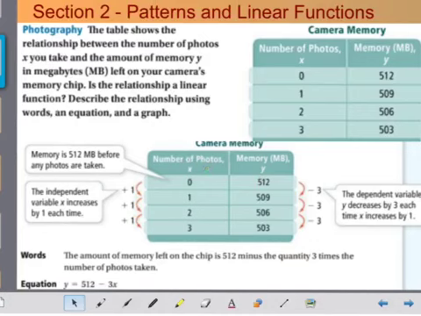So you're subtracting 3 times the number of photos that were taken because you're subtracting 3 each time a photo is taken. So this is our equation that we get. Y equals 512 minus 3x. This is almost exactly like when we did setting up an equation from a word problem, except now there's 2 variables. There's 2 unknowns, the number of photos and the memory that's left in megabytes.